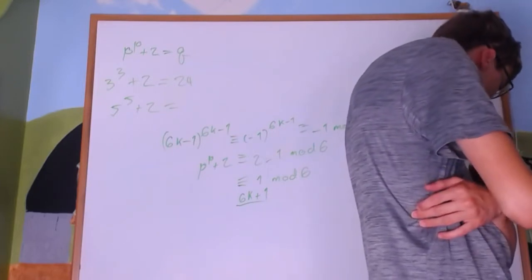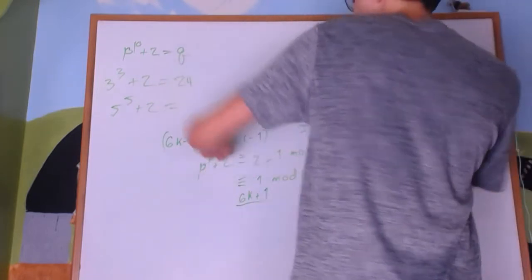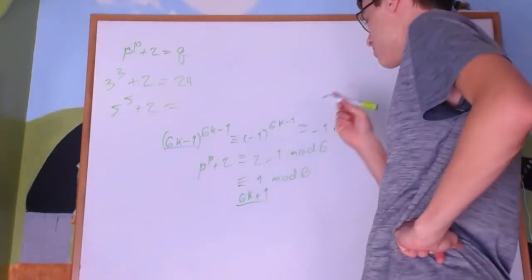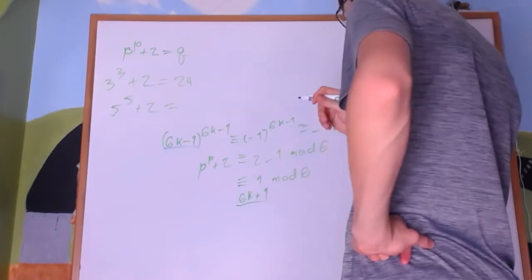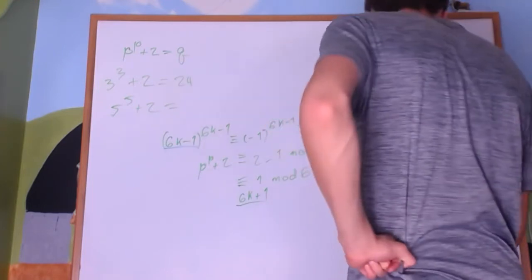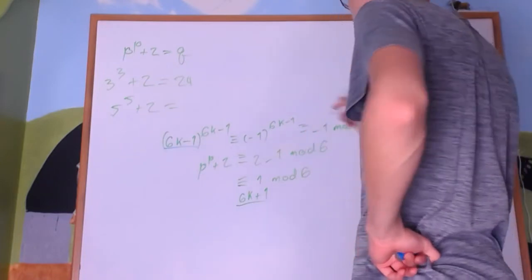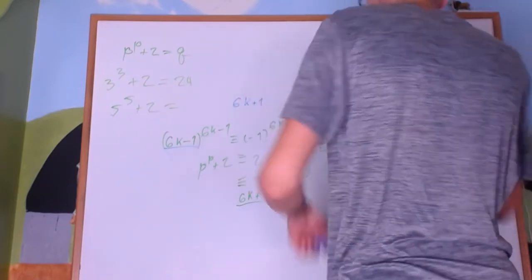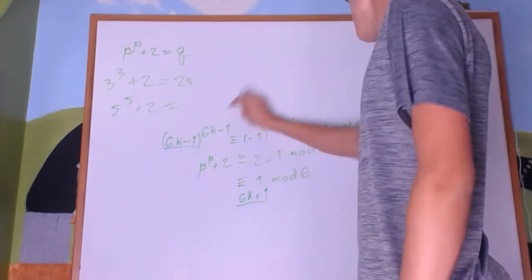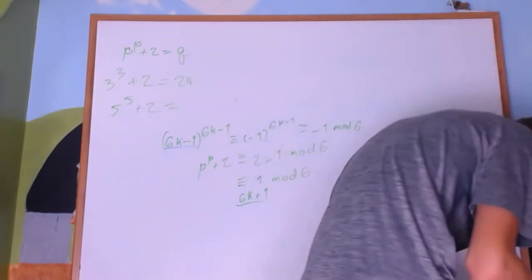what? No, it's not a false statement because 5 is of the type 6k minus 1. So 5 is of the type 6k minus 1. I talked about examples of 6k plus 1, which would be divisible by 3, unless you gave me the 7 one.